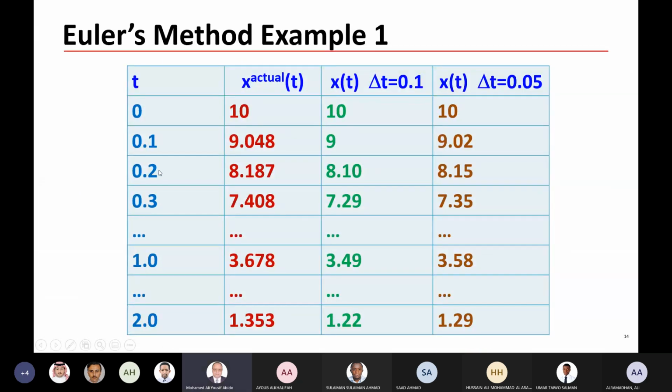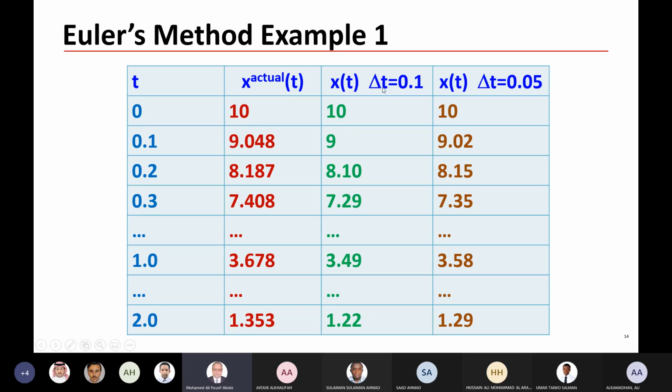T equal to 0, 0.1, 0.2, 0.3, with delta t equal to 0.1 second up to 2 seconds. If you substitute in the closed form solution, this is the exact solution.